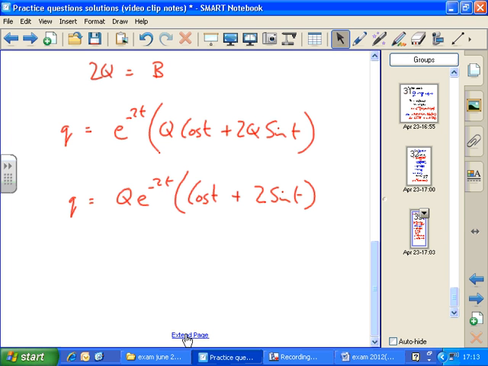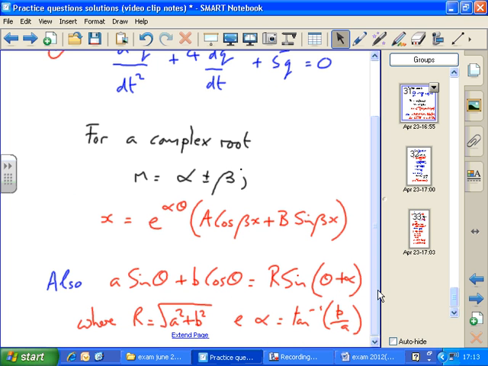The last part of this question, though, asks us to write it in this sort of form here, r sine theta plus alpha. So we've got to find out what a and b are in here. So a is the coefficient of sine, and b is the coefficient of the cosine term.